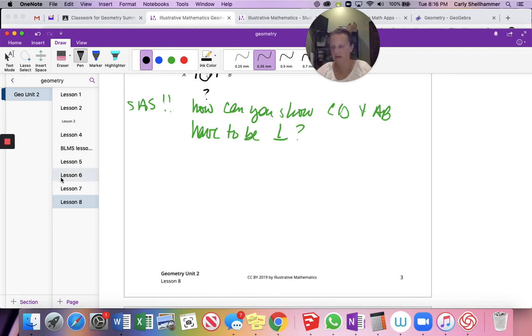I'm going to make sure I get it in the right order. I don't know what's going on in my house now. I hear screaming. So this is A, B, C. Now the first thing we're going to do is draw the median CD.